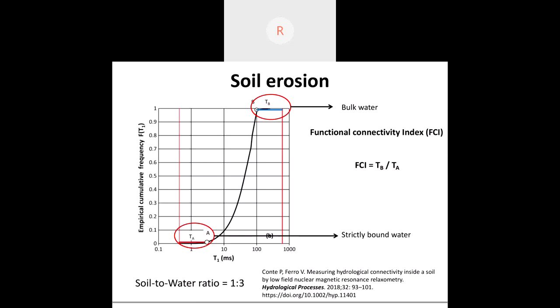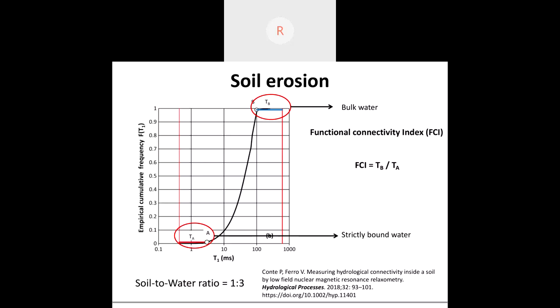While if we look at the bottom of the hill, we have the other way around, because in that case, the amount of small particles inside the soil increases. That means that water remains much more strictly bound, and then we can have a decrease of the FC index that is shown in this slide.